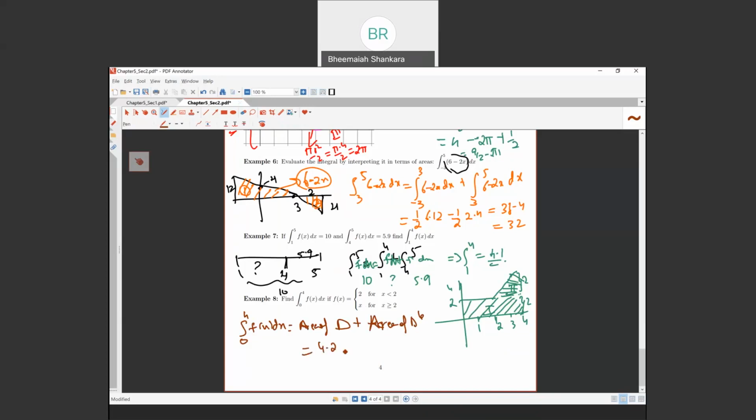Area of rectangle is 4 times 2 and area of triangle is half times base times height. So this is 8 plus 2, which is 10 square units.